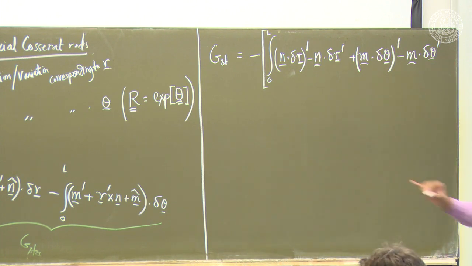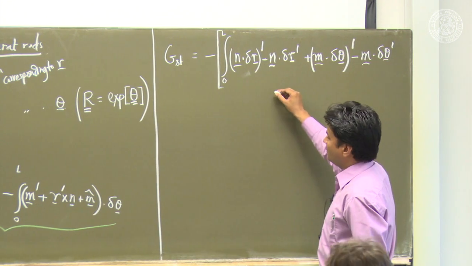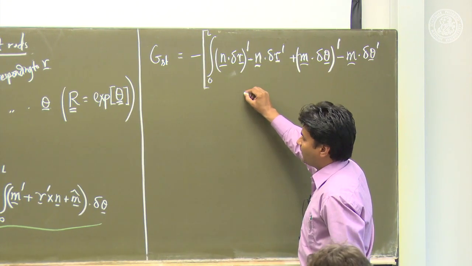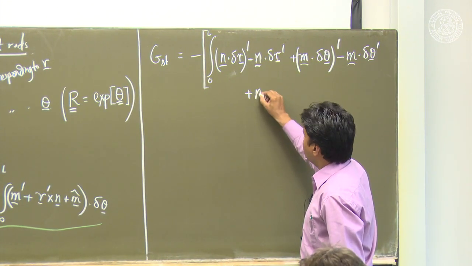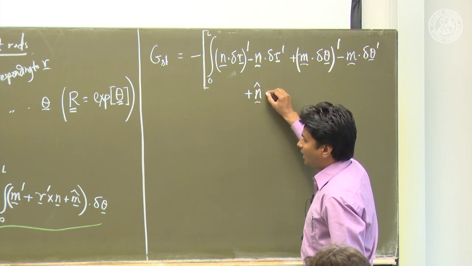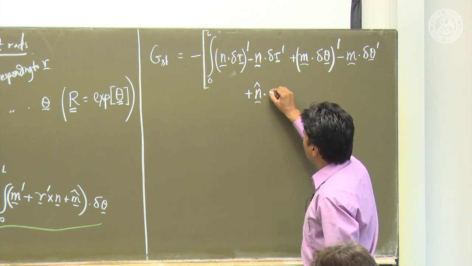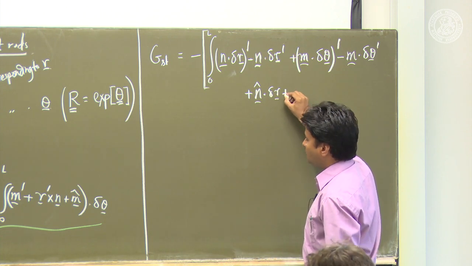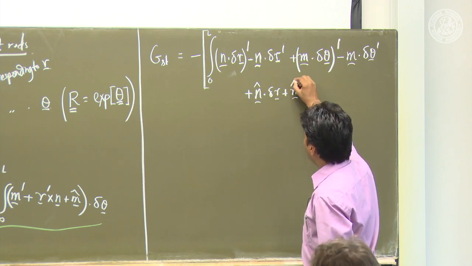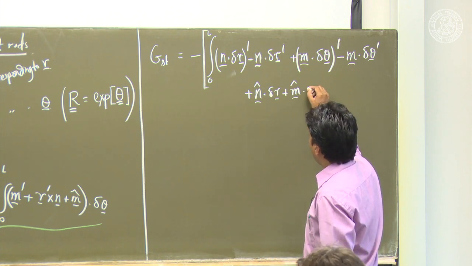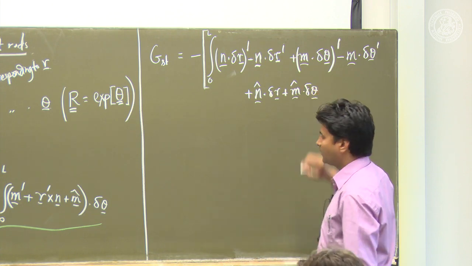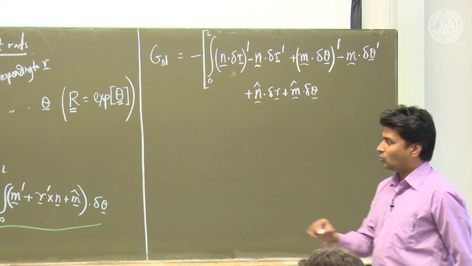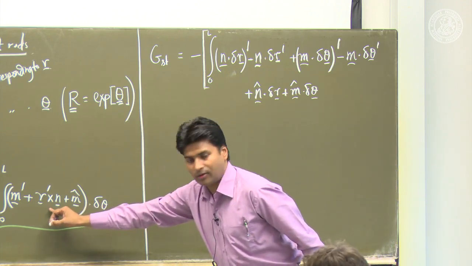And then we look at the remaining terms, which are plus n hat dot del r plus m hat dot del theta, and one more term is remaining, which is this term.